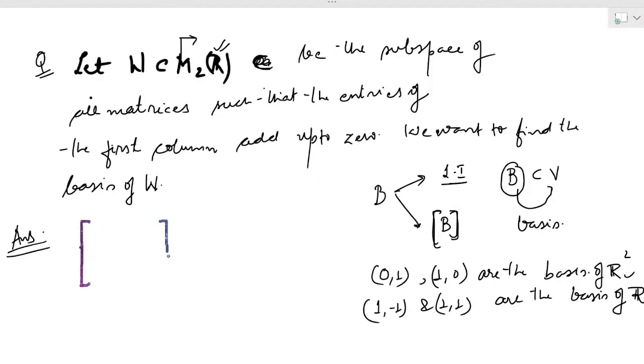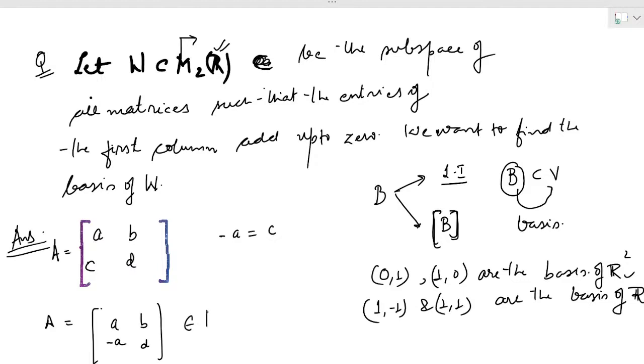So for example, let this be my matrix, with entries A, B, C and D. If the first column sum is 0, then C should be equal to minus A. It implies the matrix should be of this type: A, minus A, B, and D. And clearly it belongs to the set of 2 cross 2 matrices with real entries.